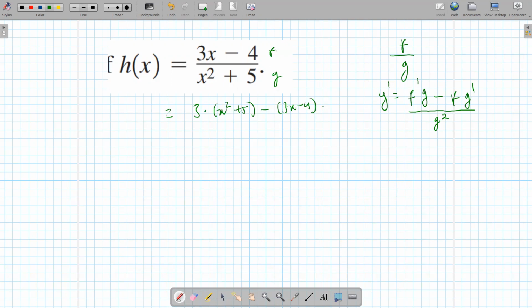It's just 2x. And all over g squared, so (x squared plus 5) squared, and you are done. And that's it, that's the quotient rule.